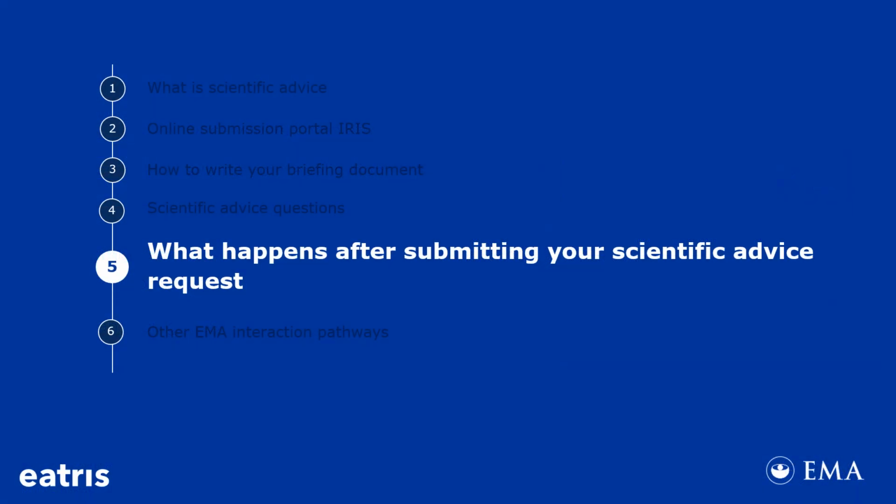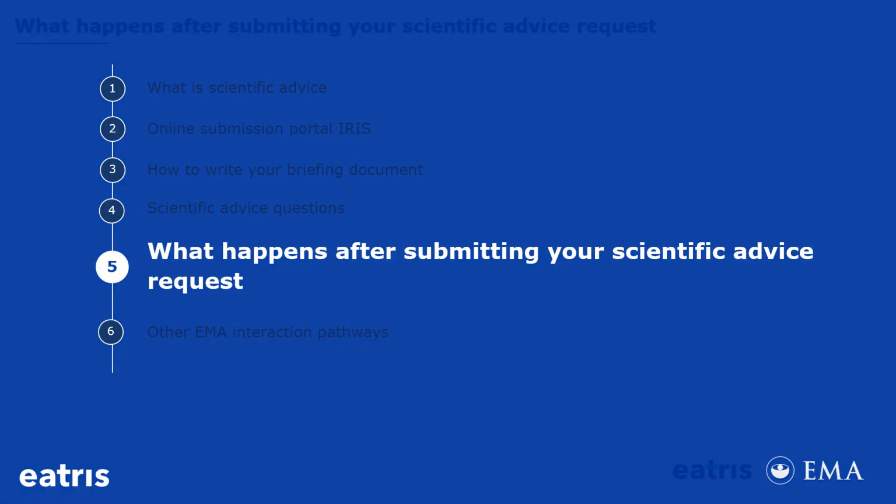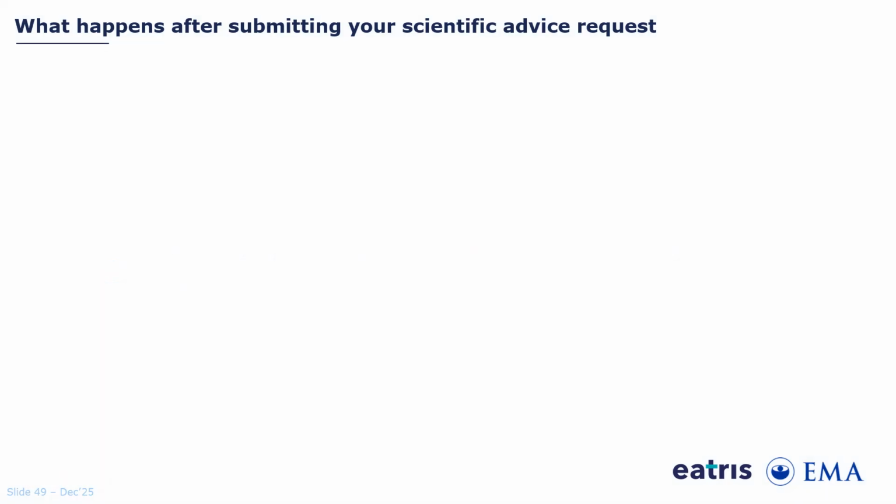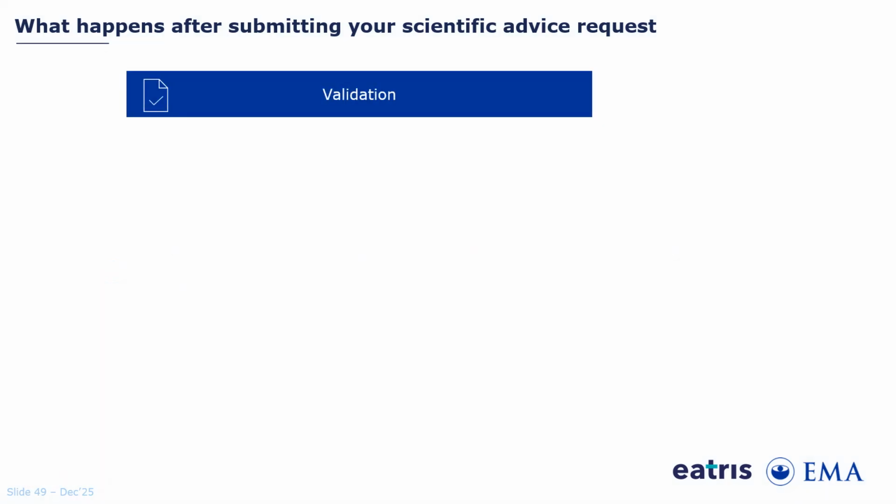What happens after submitting your scientific advice request? During the validation phase of the submission, the EMA scientific officer will review the briefing documentation and may identify the need for submission of additional documents and/or provide comments for improving the structure, questions, or applicant's positions in the briefing document.